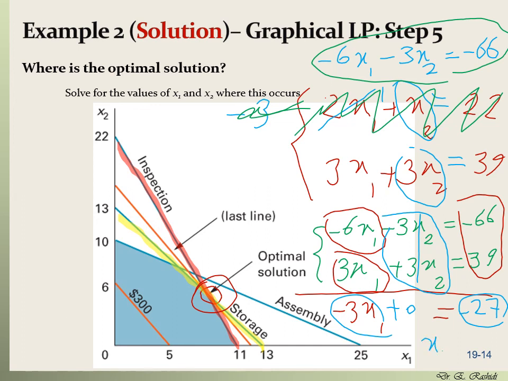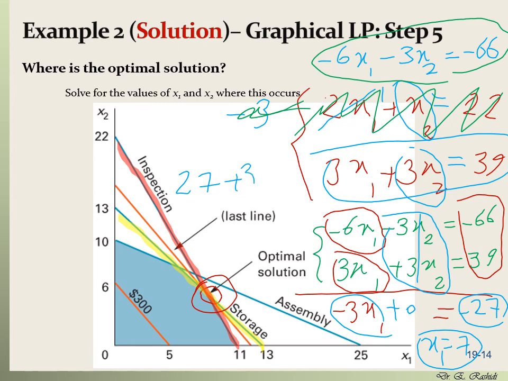So x1 is 9. Now that we have x1, we can put it in any of these equations to get x2. For example, I'm going to put it here. That would be 3 multiplied by x1, which is 3 multiplied by 9, so that's 27, plus 3x2 equal to 39.